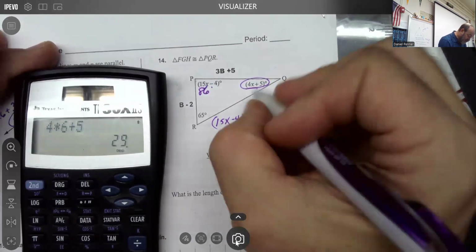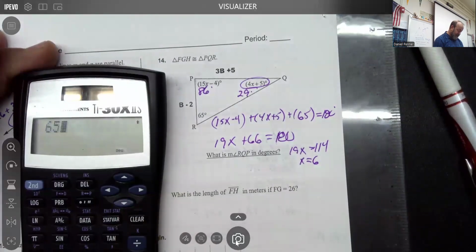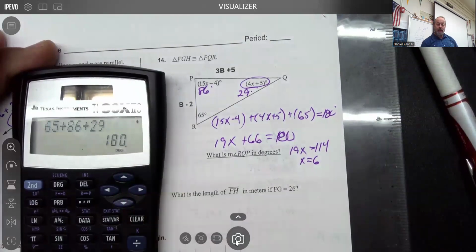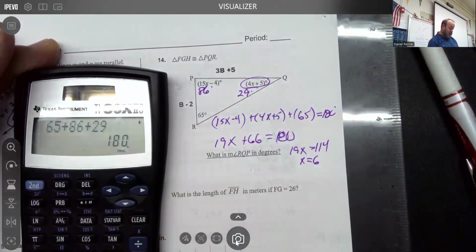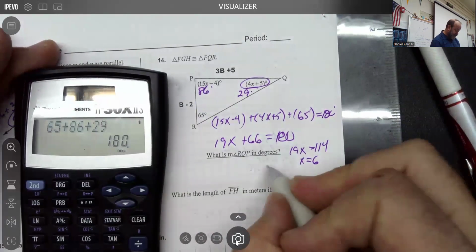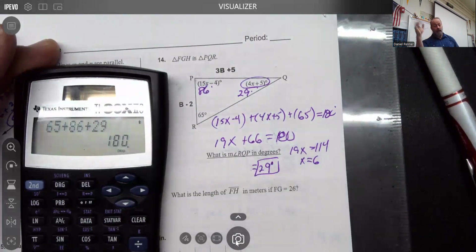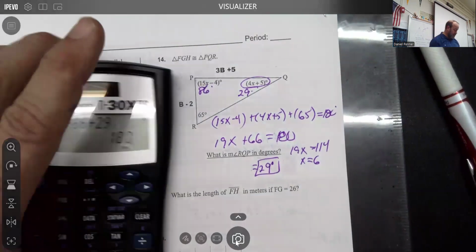That's 29 degrees. I'm just going to double check something. Is 65 plus 86 plus 29 180 degrees? I want to make sure. The measure of angle RQP is 29 degrees. It didn't ask me to find them all, but I always double check to make sure I haven't made a silly mistake.